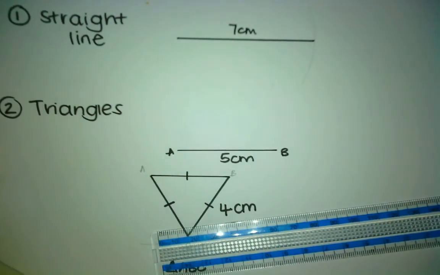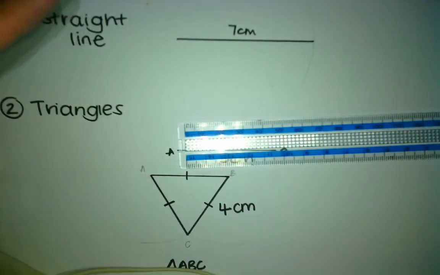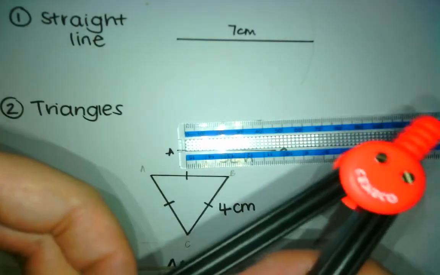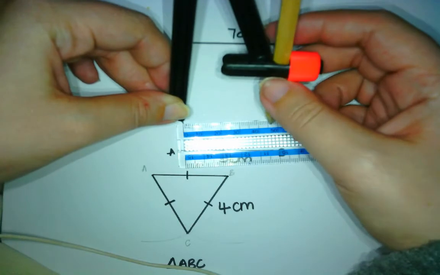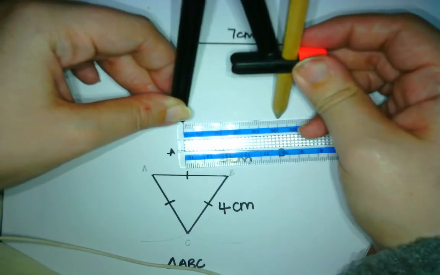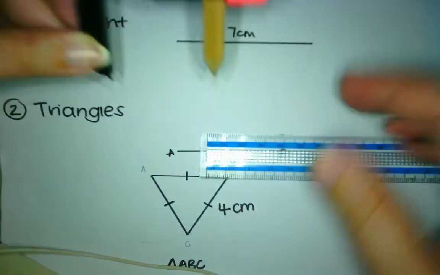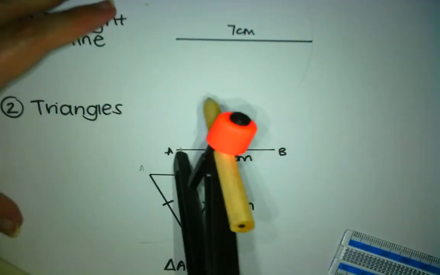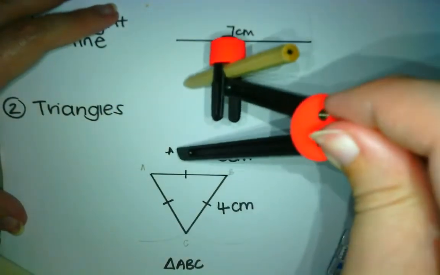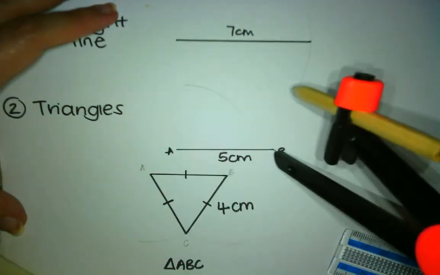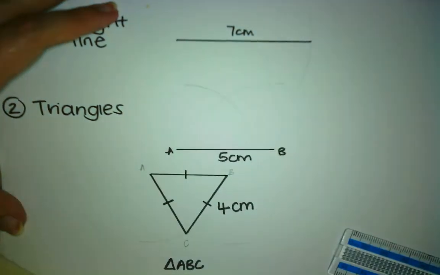Then I'm going to measure on my ruler, because remember the sides are going to be different lengths. Instead of 5, let's make it 4, so I'm making this 4 centimeters. I put the point on A and do my curve there, and my curve there.